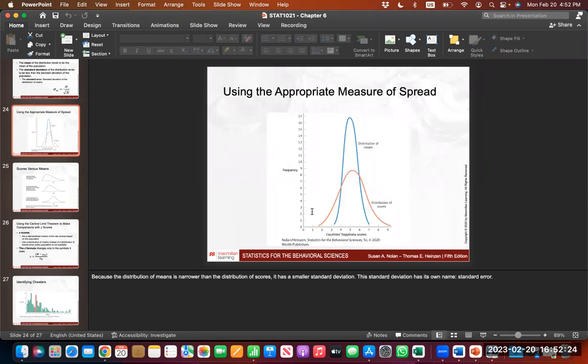So if we have individual scores, we get a normal distribution, which is presenting with a wider variability as compared to the derived distribution of the means, which is a variability and the spread of mean estimates derived from hypothetically randomly drawn samples.